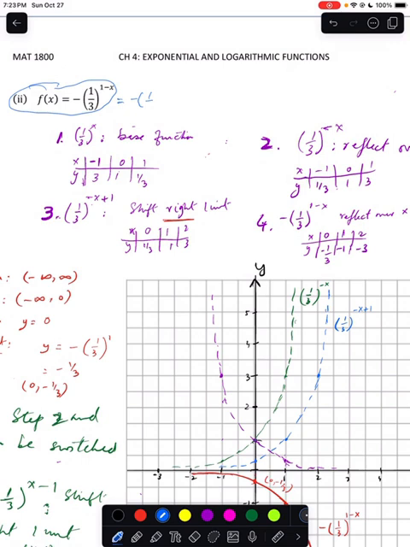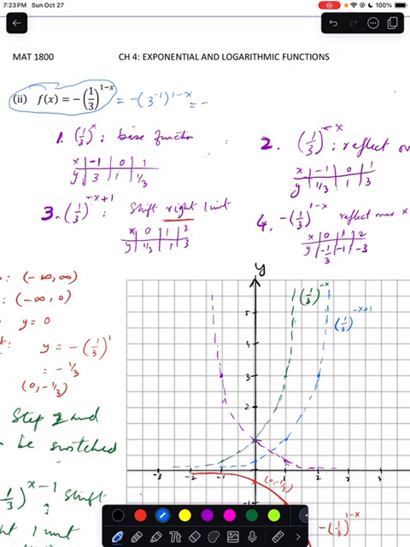So we have 1 over 3 raised to 1 minus x. Notice that 1 over 3 can be written as 3 raised to negative 1, and then we have the power 1 minus x. The negative 1 power and the power 1 minus x get multiplied.